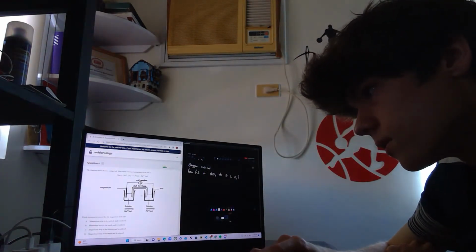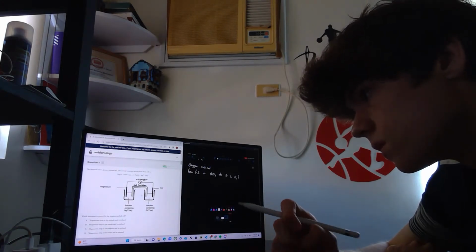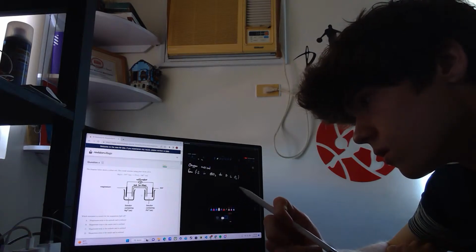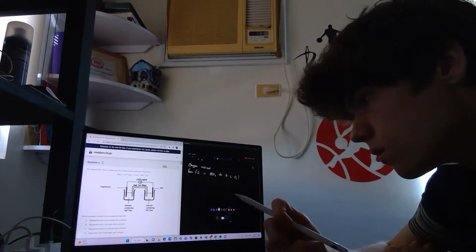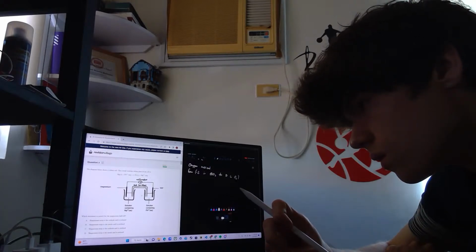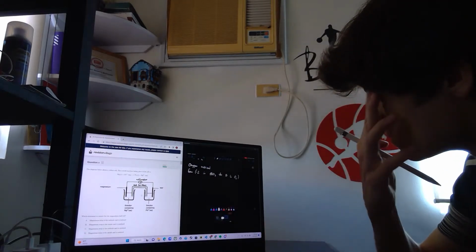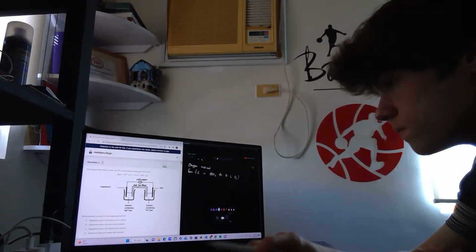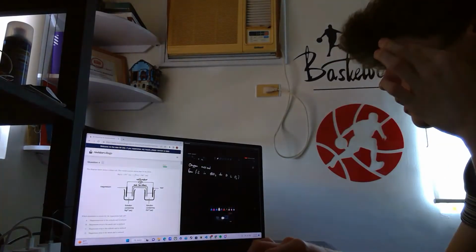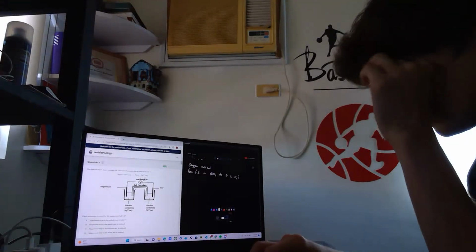Okay. The diagram shows a voltaic cell. Okay. So they tell us that this is reduced, this is oxidized.